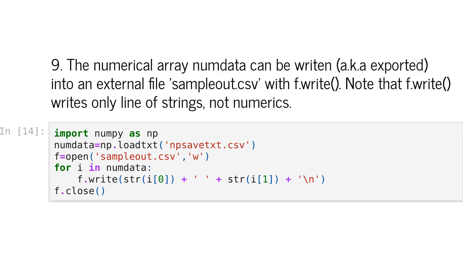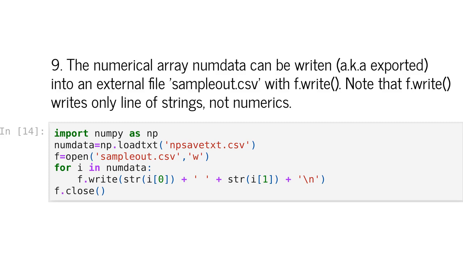Let us explore another way to write numerical data to a file, this time using Python's fundamental file input-output operations. The code first reloads the numerical data from npsavetxt.csv into the numData array using numpy.loadtxt. Then, it opens a new file named sampleout.csv in write mode using f = open('sampleout.csv', 'w'). The core of this snippet is a for loop that iterates through each row e in the numData array.